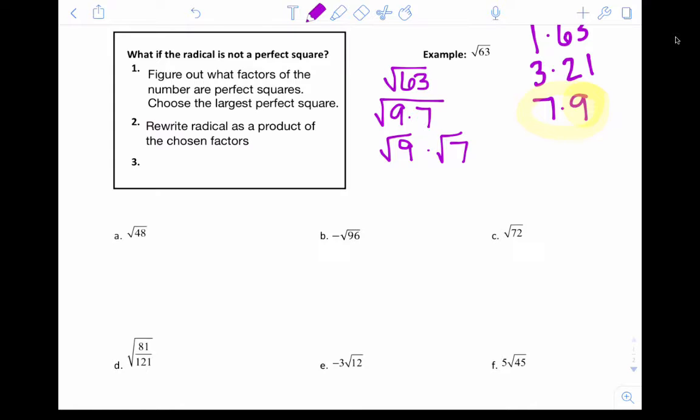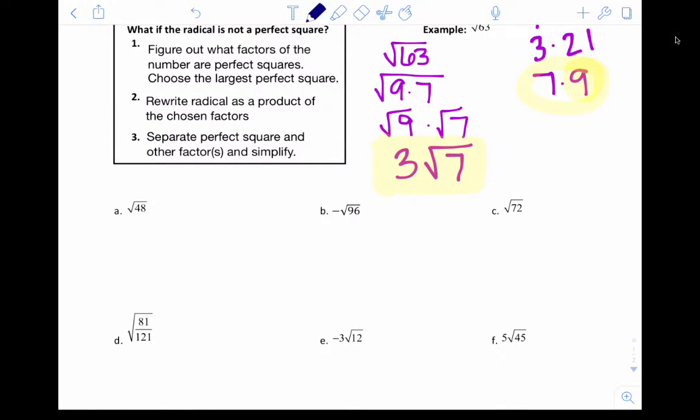I know that the square root of 9 is 3, so I can rewrite this as 3 times the square root of 7. So 3 times the square root of 7 is the simplified version of square root of 63. That is the answer I'm looking for on these problems.